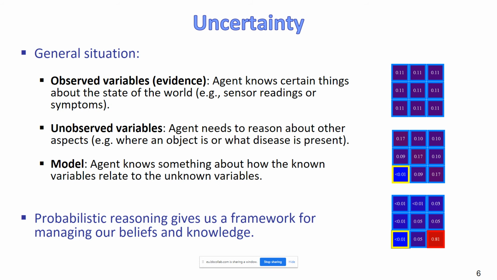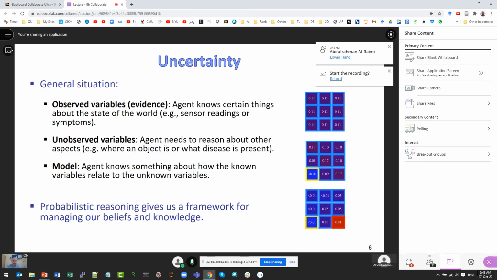Later, you'll see that unobserved variables will be divided into query variables and hidden variables. We'll talk about that later, but for now, two types of variables. Some of them we know their values, we call them evidence or observed variables, and the others we don't, and they are called unobserved variables. Questions? I see Abdurrahman.